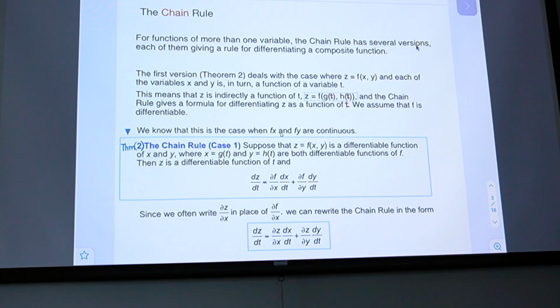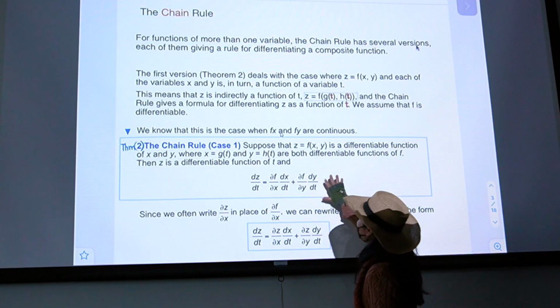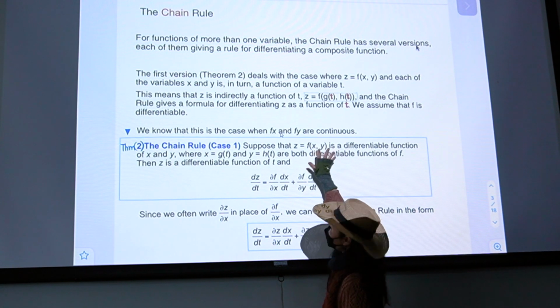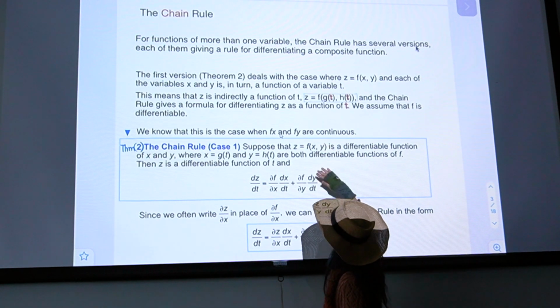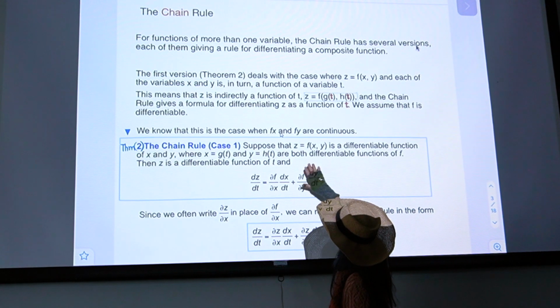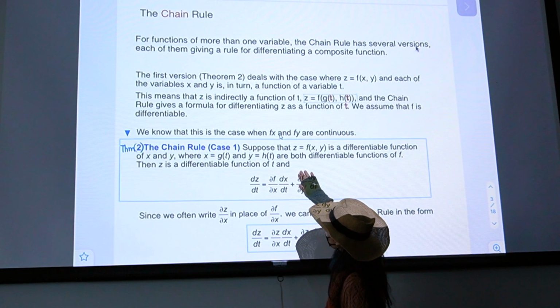So think about this one this way, okay? Suppose that if we hold the y here fixed, then dy/dt will be 0, okay? Then this term will disappear.